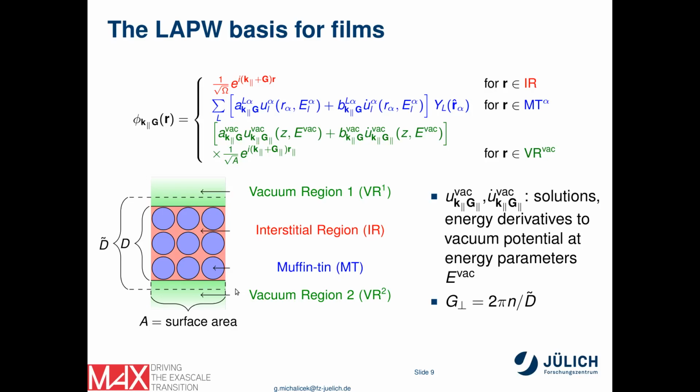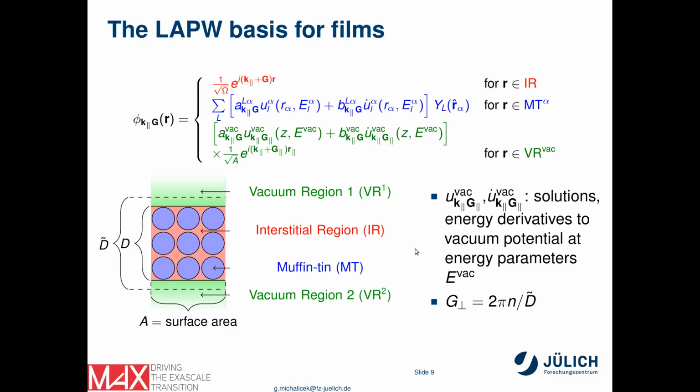And in these regions we have a description similar to what we have in the muffin-tin spheres, so also some functions u and u dot evaluated at certain energy parameters, and some matching coefficients a and b, so that we have continuity in value and slope at the vacuum boundary.